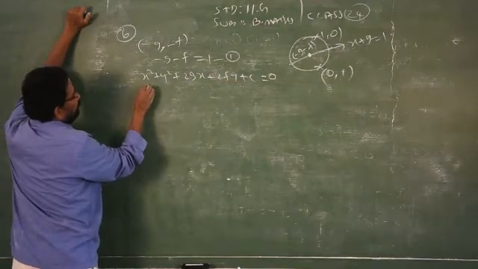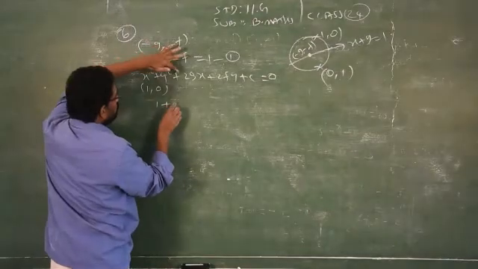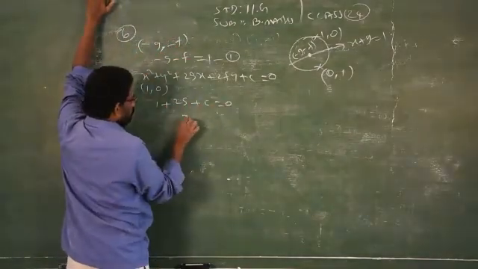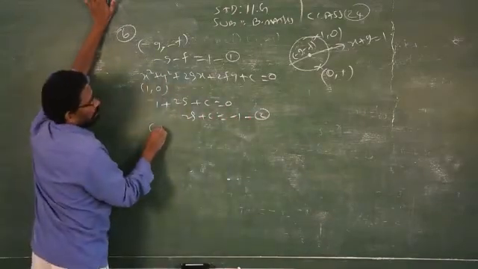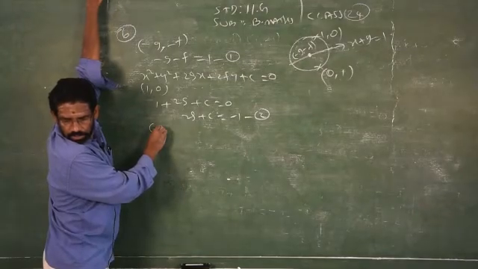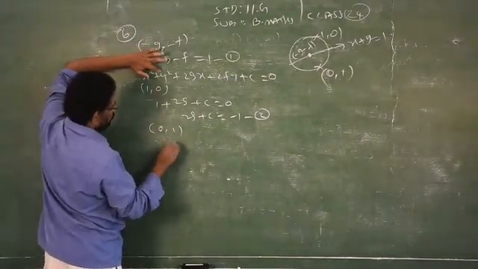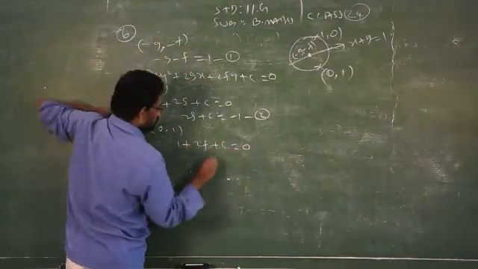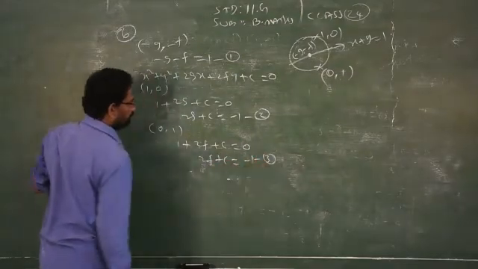First I am replacing 1 comma 0: 1 square is 1, the y terms become 0, this is 2g, this becomes 0, plus c is equal to 0. So 2g plus c is equal to minus 1, equation number 2. Then the other point is 0 comma 1. Here x is 0, 1, this will be eliminated, 2f plus c is equal to 0, so 2f plus c is equal to minus 1, equation number 3.